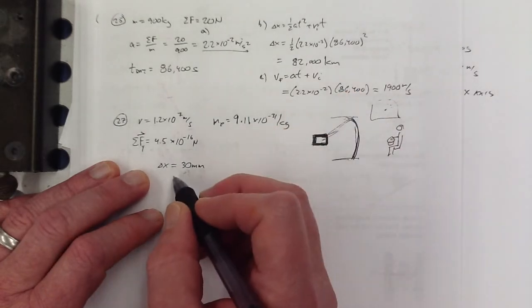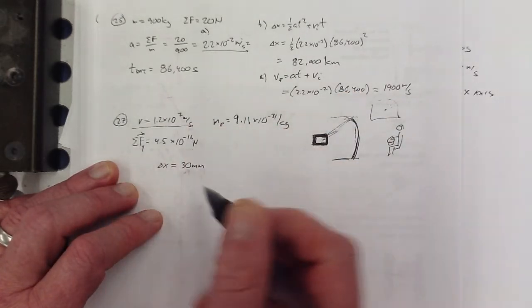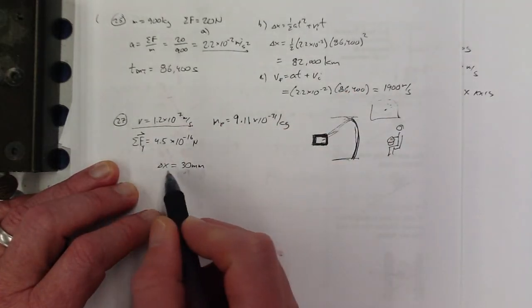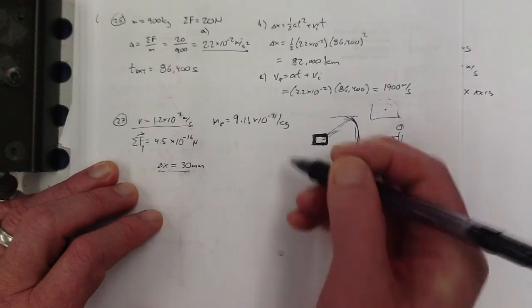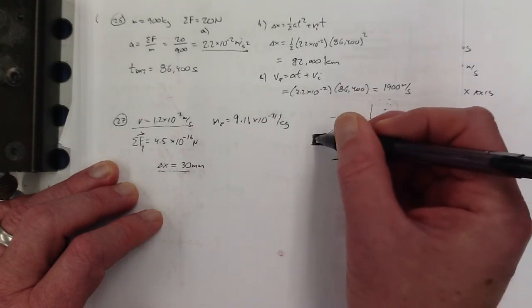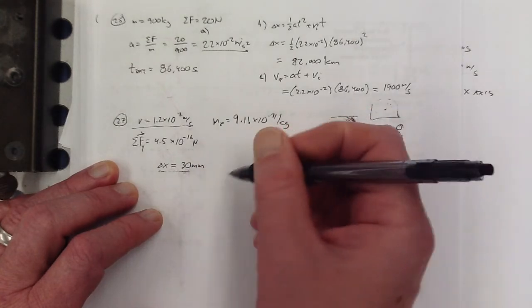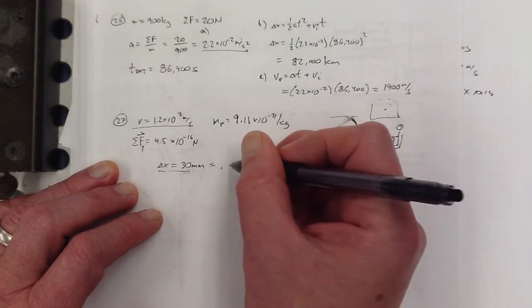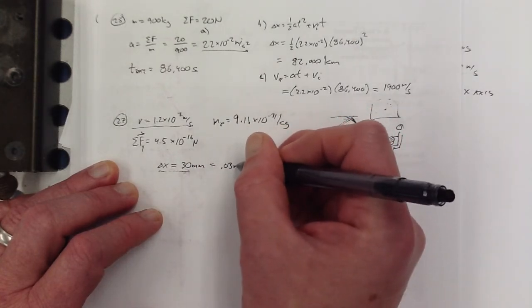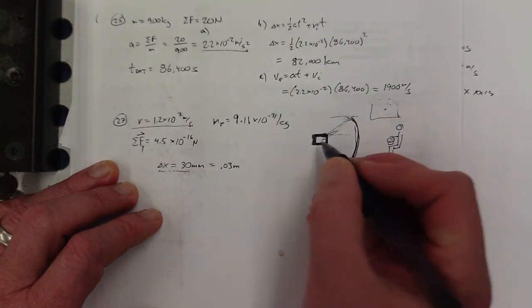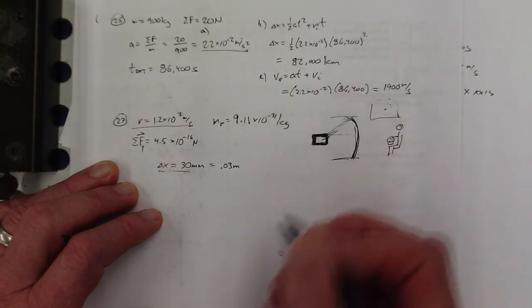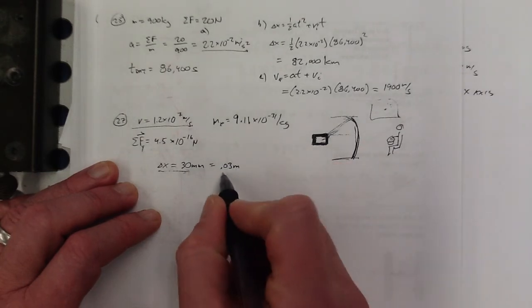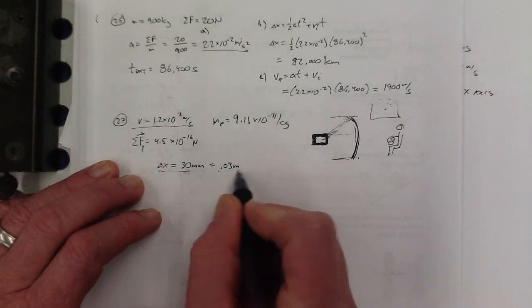If it's going this fast, then what we need to know is how long does it take to go the 3 centimeters, or 0.03 meters, which is probably the length of the little cathode ray tube here.